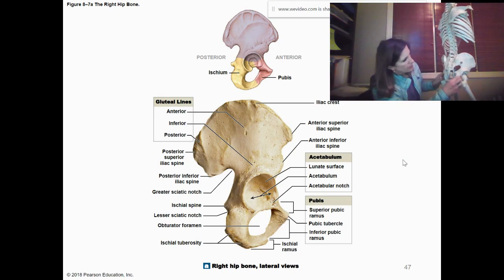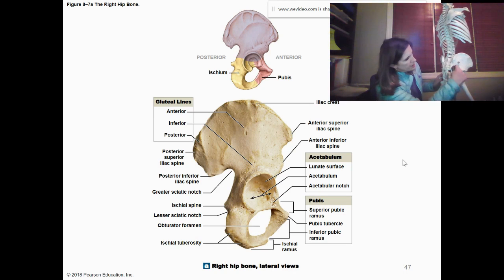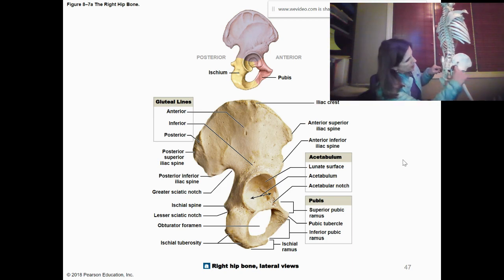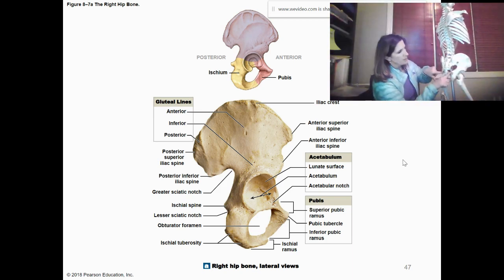So hopefully we can see. This is that greater sciatic notch right here on the right and the left. That's the greater, that's on the ilium. Now the ischium is down here. So right where it comes to a point, so you can see it goes like this, that is going to be the spine. That's the ischial spine.